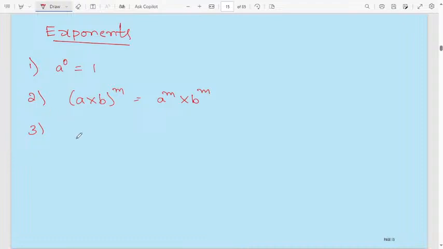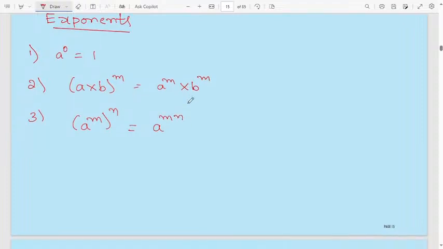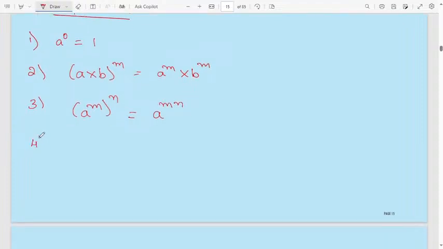Then next one, a power m whole to the power of n is a power m into n. This is correct, no? If any formula I am writing wrong, tell me that time only. 1 by a power m means a to the power of minus m. Then fifth one, a power m into a power n is a power m plus n.